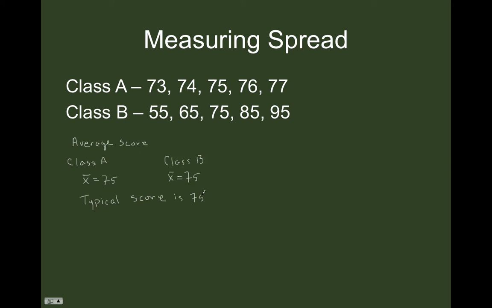The problem here is, obviously, if I look at these two classes, they're not the same. I think it's pretty clear that Class B has more spread. The scores are more spread out. So what we want to do is figure out how to measure this spread.